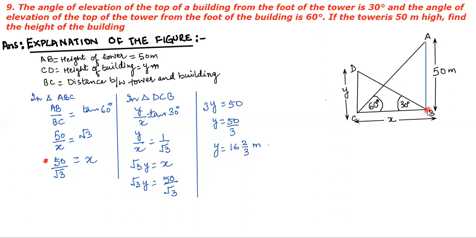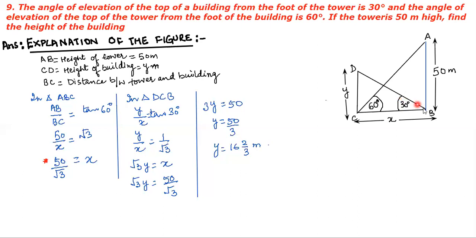So if he is on the ground, this is his straight vision. And to see the top, his eye has moved this much from here. That means this is the angle of elevation. Looking up from the ground is elevation.